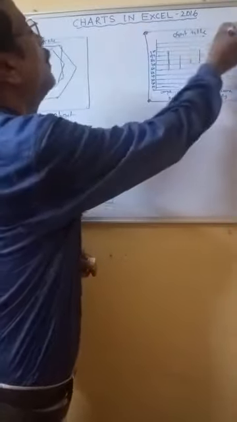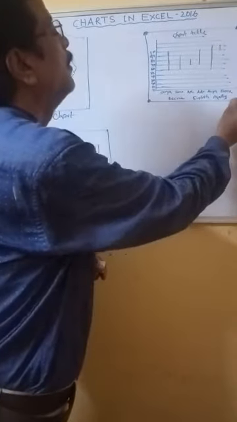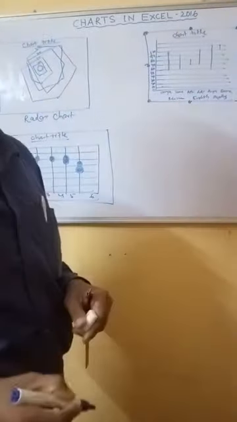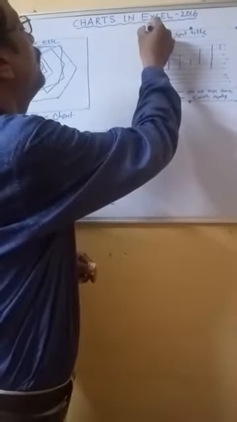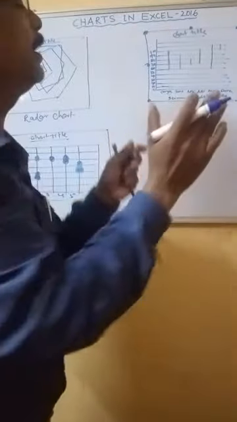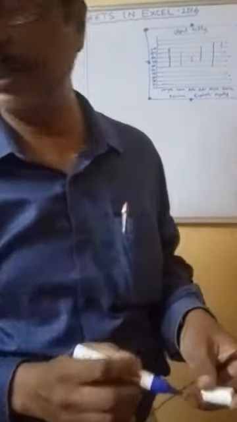When you click over the chart, small circles appear here, here, here and here. These are corner handles. By keeping your mouse pointer upon a corner handle and dragging to any side, automatically the size of the chart will be increased.